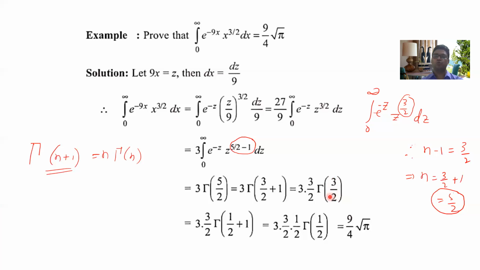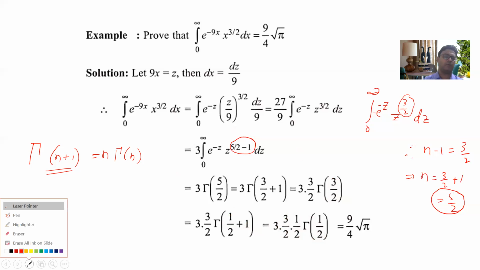Again 3 by 2 is more than 1, so you can write gamma half plus 1. Same way, this half should be outside as well as inside. So 9 by 4, gamma half. Please memorize one important value from the gamma function, that is gamma half is equal to root pi.